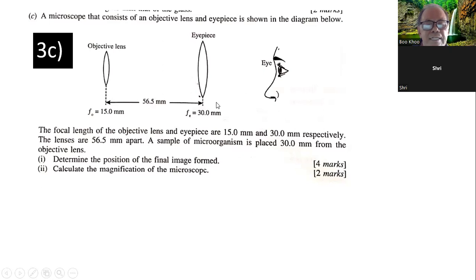A sample of microorganism is placed 30 millimeter from the objective lens. Determine the position of the final image formed. Can? Write down what is given. Can or not?